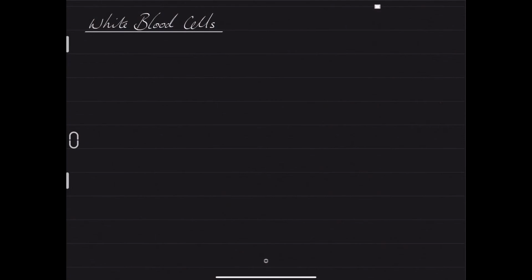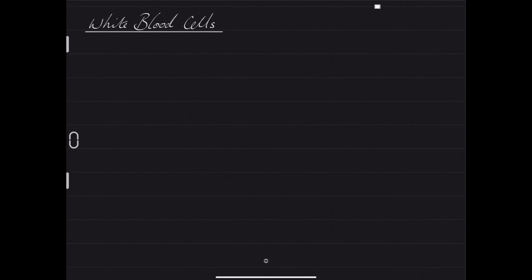White blood cells, from our earlier topics, we know that white blood cells are larger in size in comparison to red blood cells, and there's not as much of them in terms of number when we compare them to red blood cells.